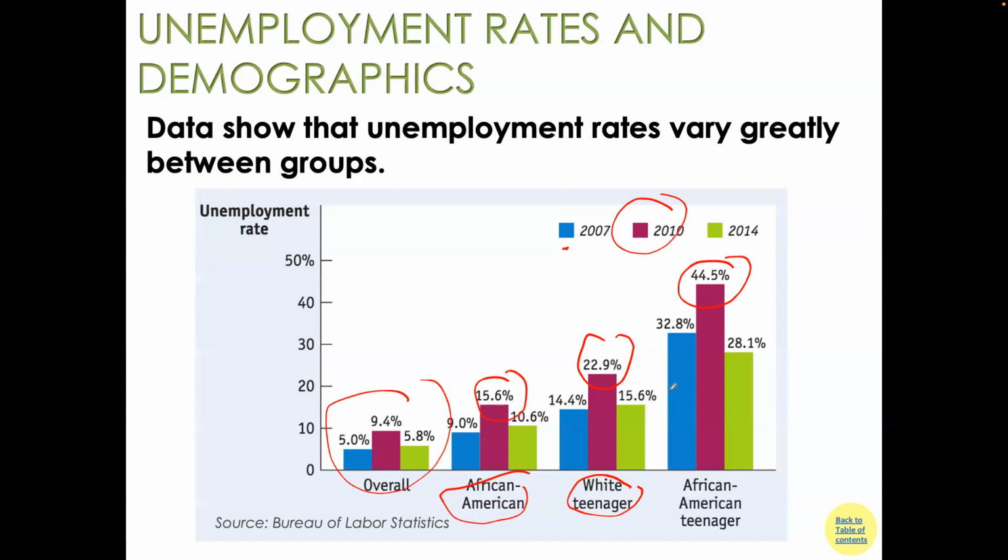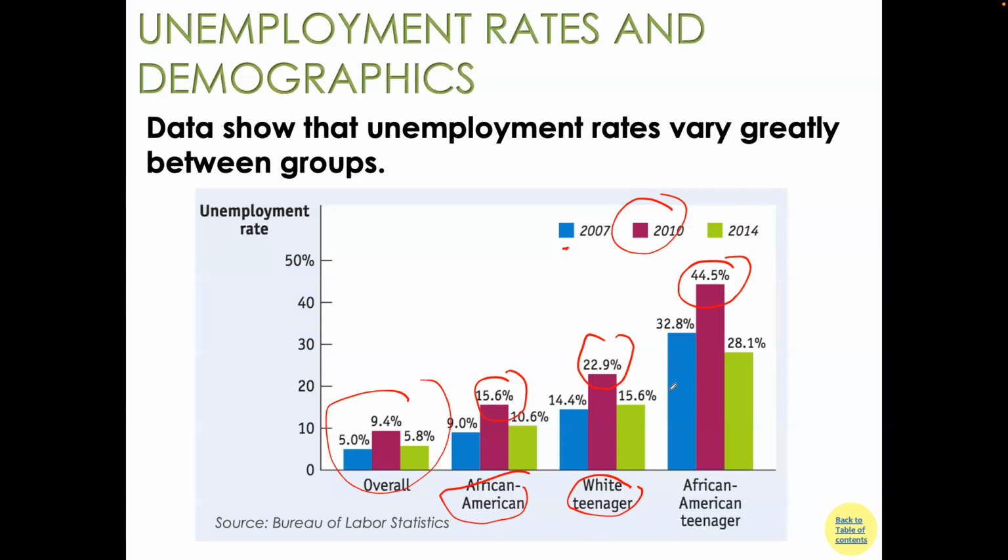What do you think? First of all, in general, if the unemployment rate increases, what does that mean for the general population? Certainly it's bad news, right? Because you're going to have a higher chance of losing your job, and you're going to have a lower income. So this is bad news.